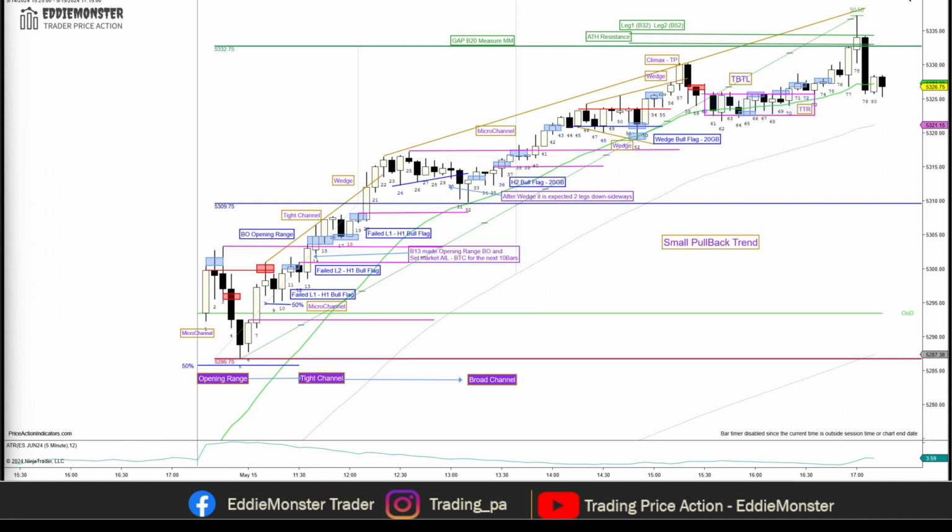But what is a small pullback? It's really a kind of trend that is really hard to enter, because you feel that it's always trying to reverse, and probably you will find some opportunities to make some trades on the sell side.